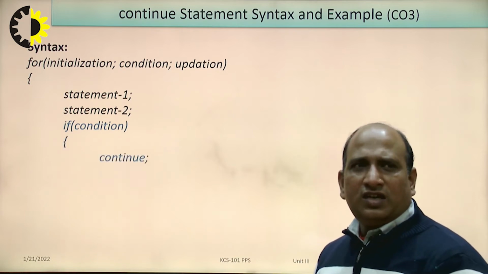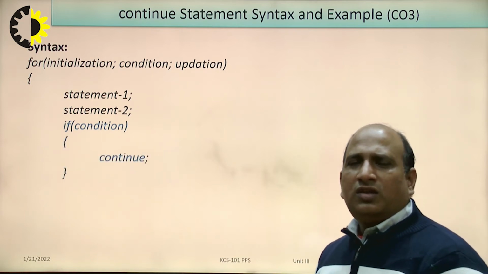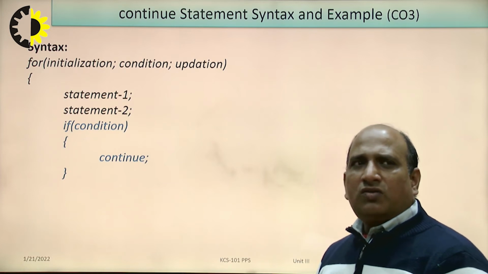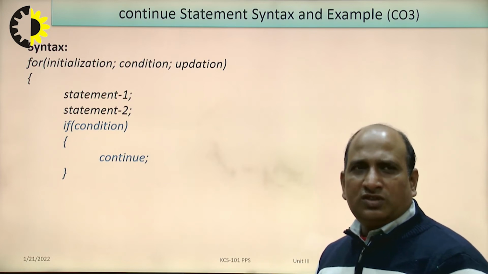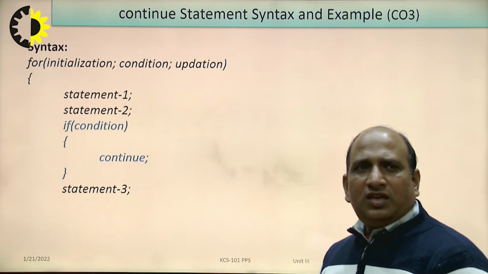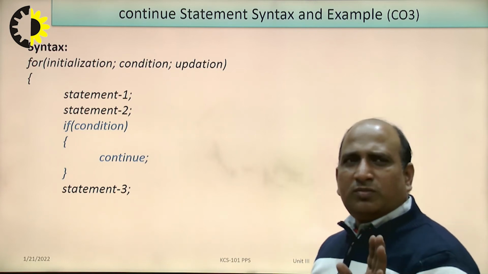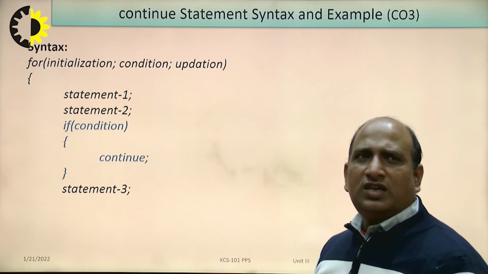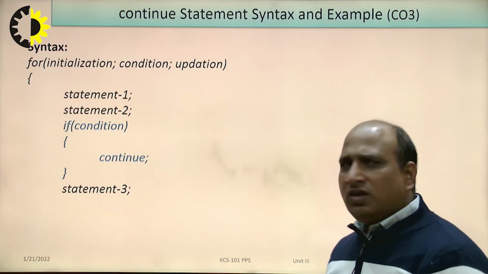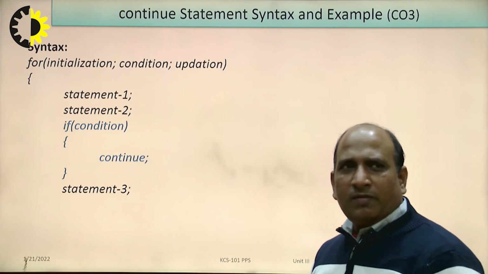If the condition is tested to be true, the continue will be encountered, and control will come to the updation position, and statement 3 will not be executed. Again the condition is tested, and if it becomes true, the control will come to the body again.